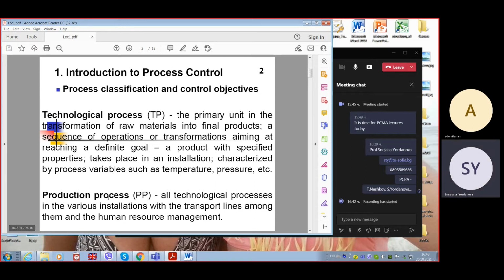So the production process is a bigger one, and its objective contains economic issues, not only engineering and technological requirements.